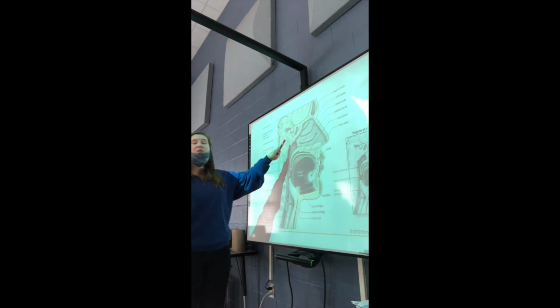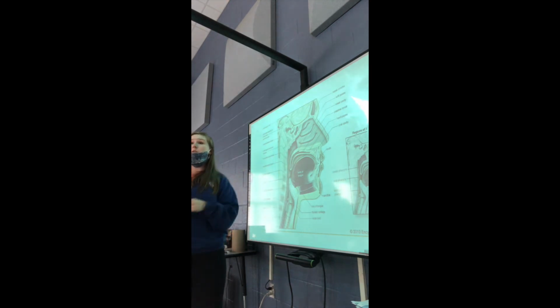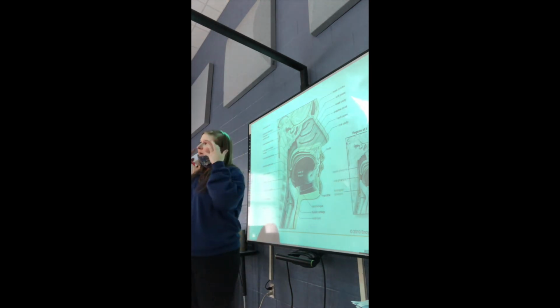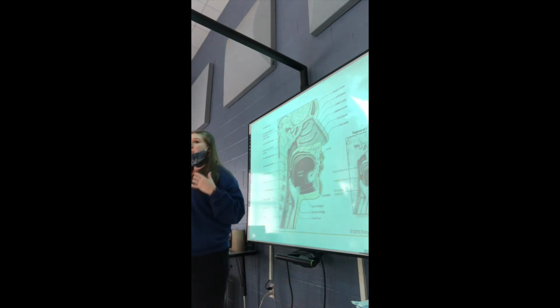You have your eustachian tube right next to your tonsils, which is why when you have a sinus infection or you're starting to get sick, your ears hurt, because your eustachian tube, your auditory tube for hearing, is right next to your tonsils. If your tonsils are inflamed, they're right next to your eustachian tube, which is why a lot of times if you're sick, doing this kind of hurts.